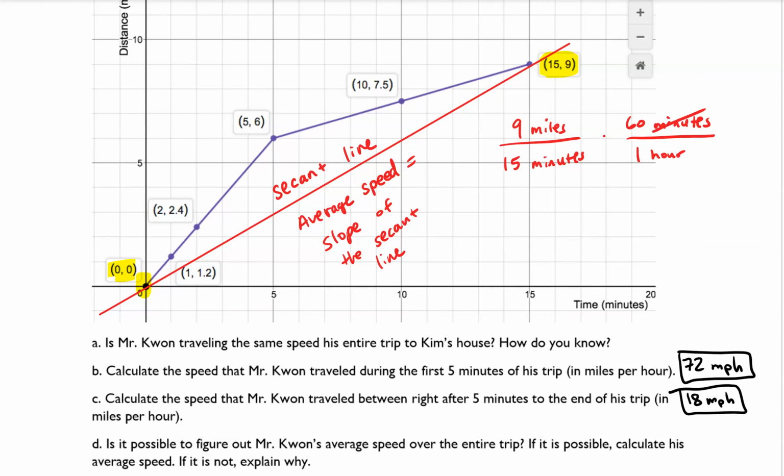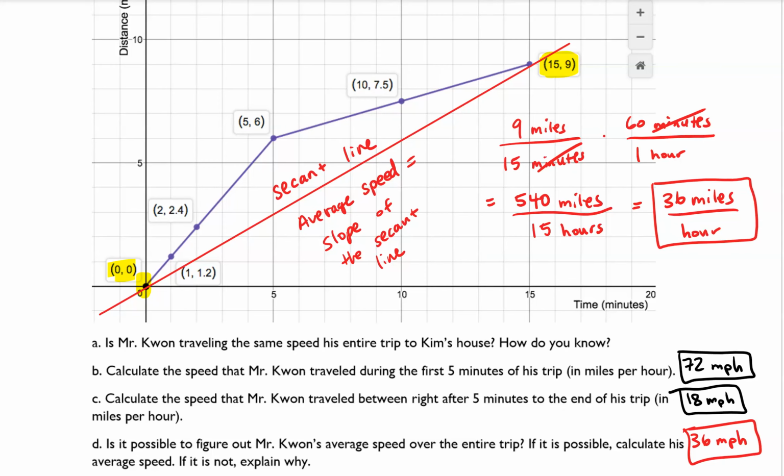And if I multiply those, the minutes divide out, and that is 540 miles per 15 hours. And then if you divide that, you end up getting 36 miles per hour. So 36 miles per hour. That is the final answer for part D.